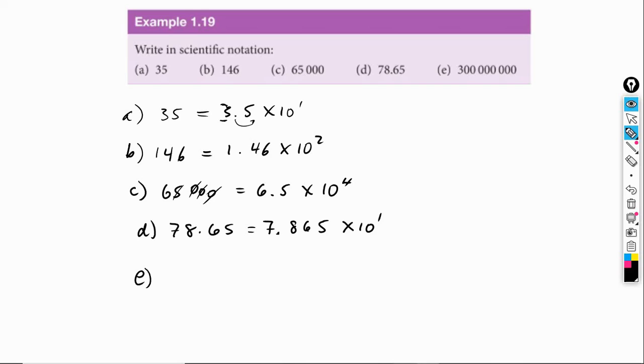E is the number 300 million. So let's write 300 million. And this would be 3 times 10 to the power of 1, 2, 3, 4, 5, 6, 7, 8.